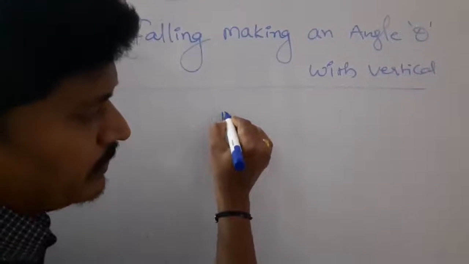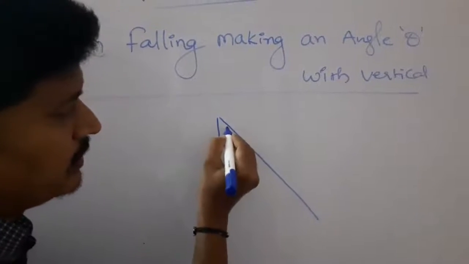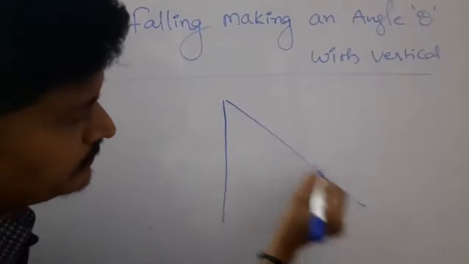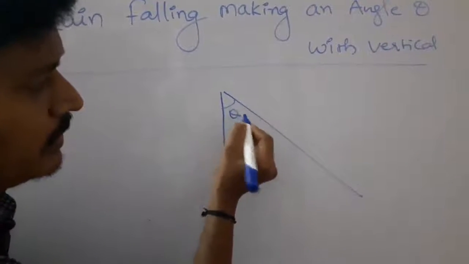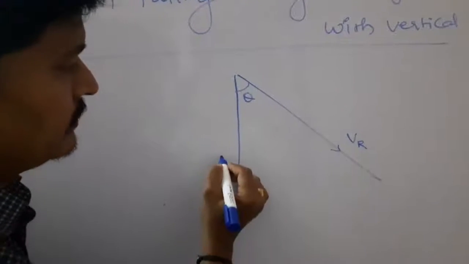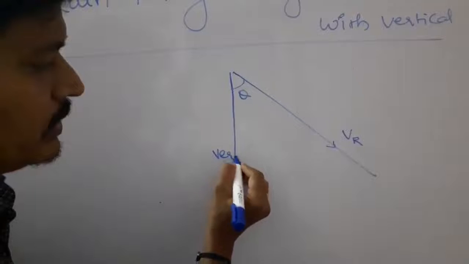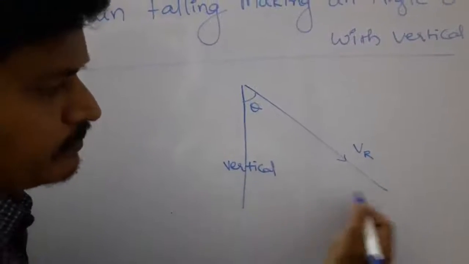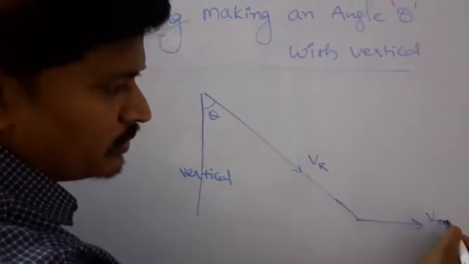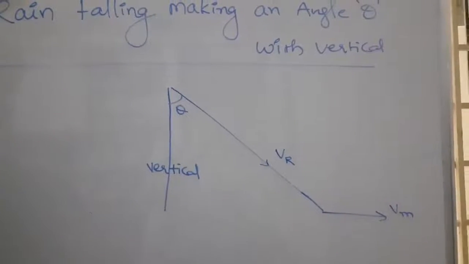Next, rain is falling making an angle theta with this vertical direction, this is theta. Now this is the rain falling direction. Now the man is moving along the straight road with a velocity Vm.